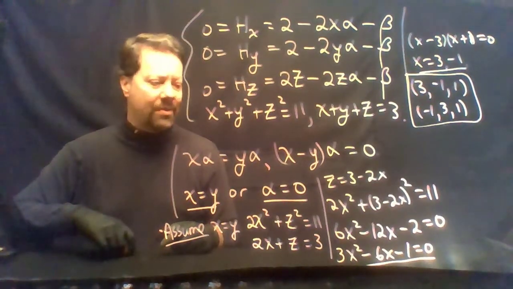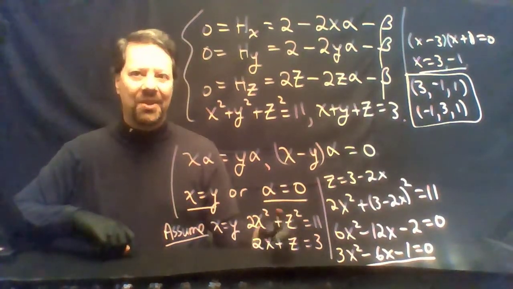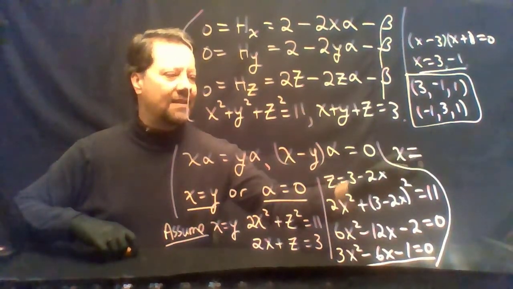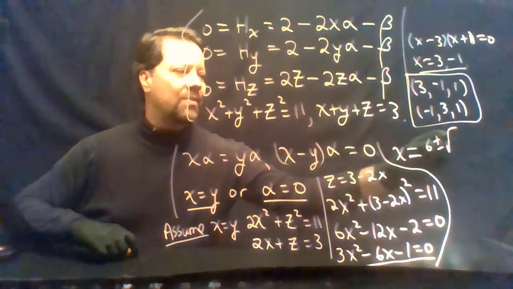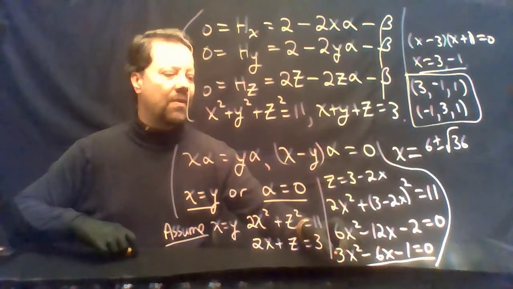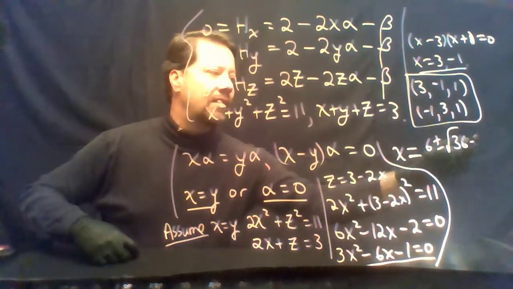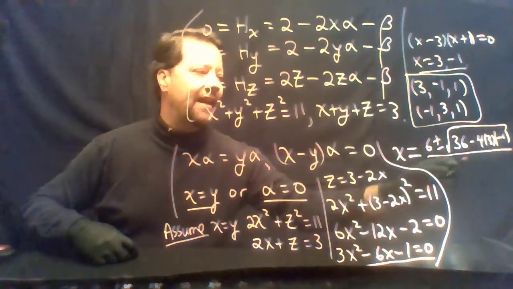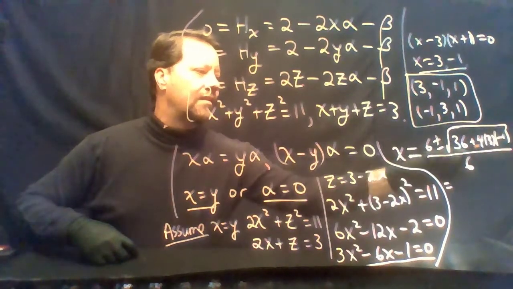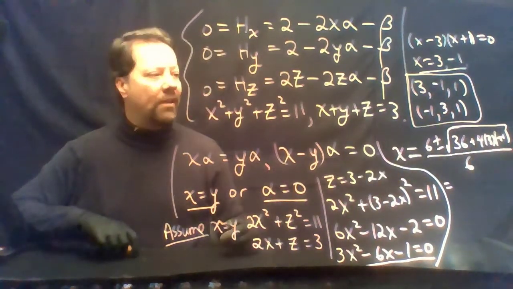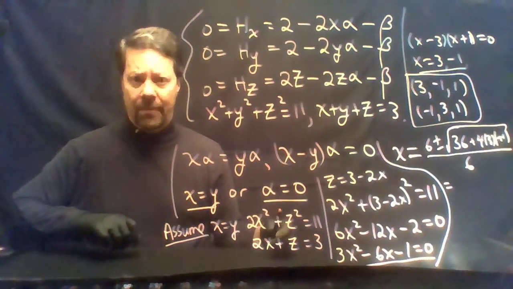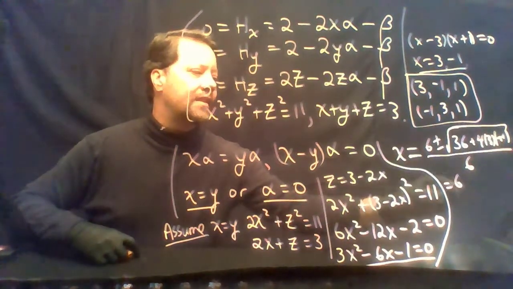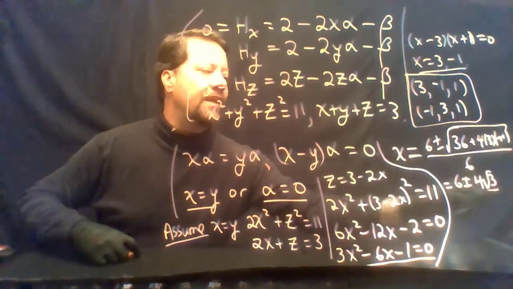What are the solutions of this quadratic equation? We find the solutions by the quadratic formula. x equals minus b plus or minus square root b squared minus 4 times 3 times negative 1, all over 2a. 3 times 4 is 12, plus 36 is 48. 48 is 16 times 3, so we end up with 6 plus or minus 4 root 3 over 6.